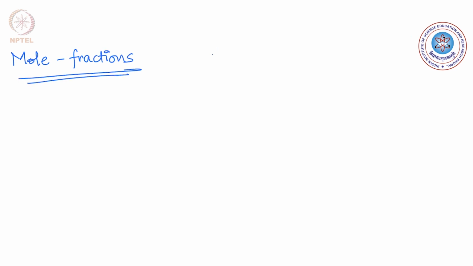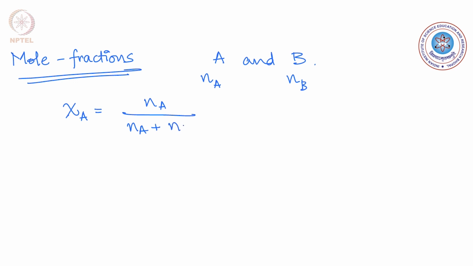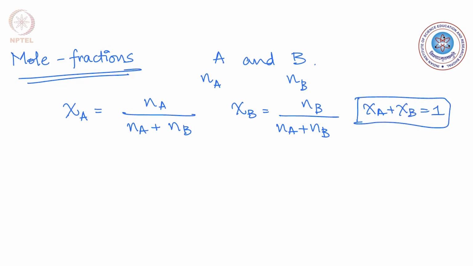Let us assume that you have two solutes A and B to start with, and then let us say you have Na moles of chemical A and Nb moles of chemical B. Then the mole fraction chi A will be defined as the ratio of the number of moles of A to the total number of moles of A and B. Of course, B is going to be defined the same way, and it makes immediate sense to say that the sum of fractions should be equal to 1 when you add up all the fractions that go together.